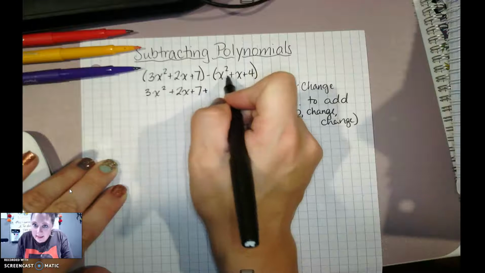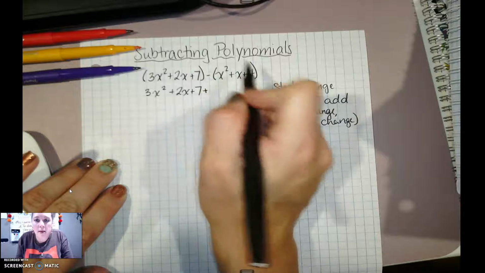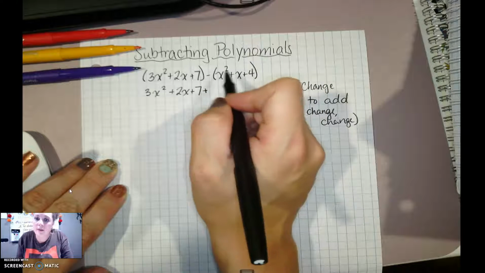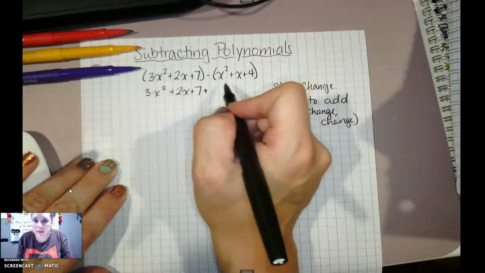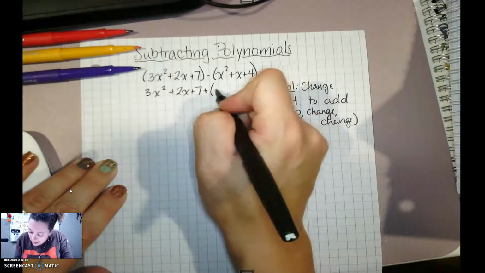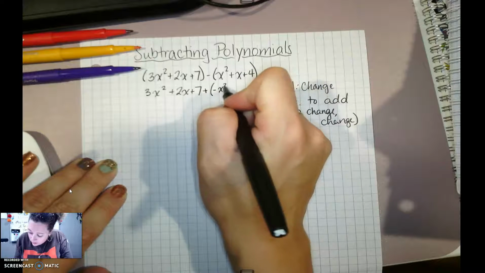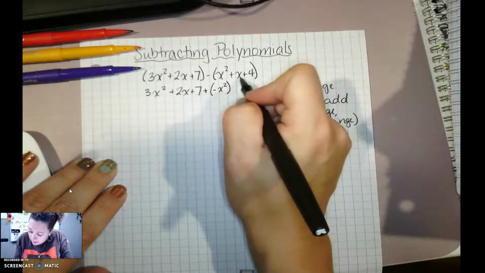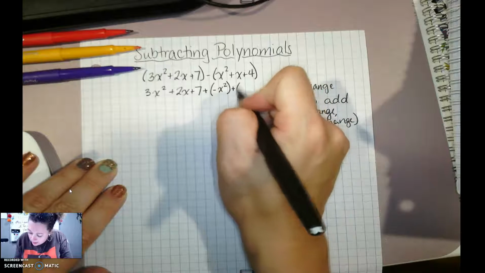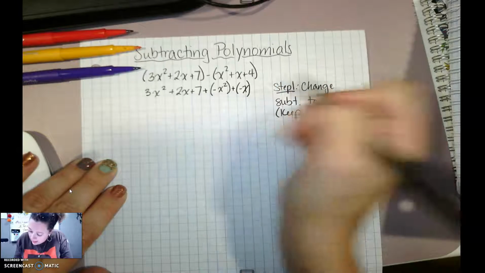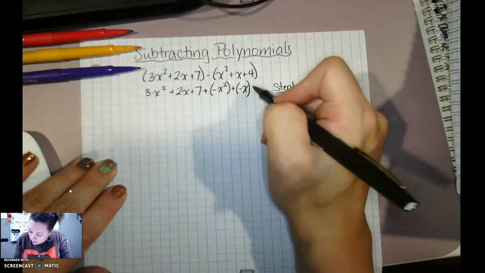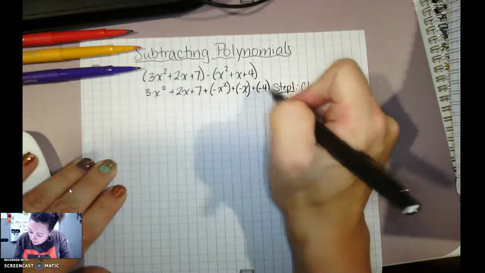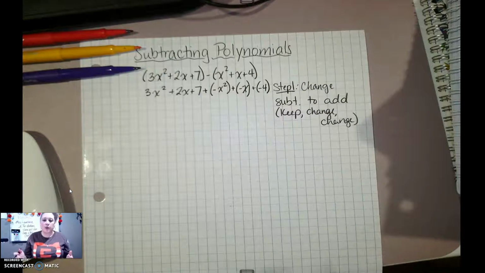And everything inside of those parentheses is going to become its opposite, meaning if it was positive, it's now negative, or if it was negative, it's now positive. So now I'm going to have negative x squared. This positive x is going to become a negative x, and this positive 4 is going to become a negative 4. And I also took out the parentheses because we really don't need them anymore.